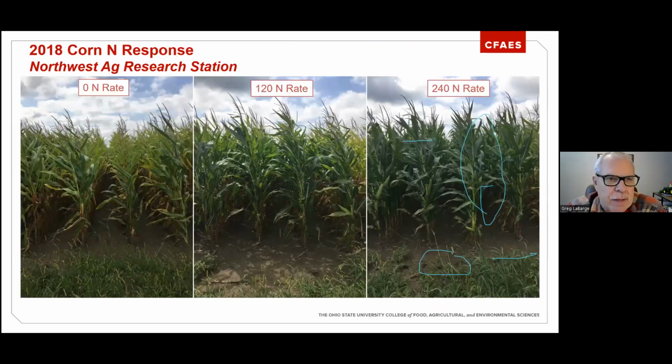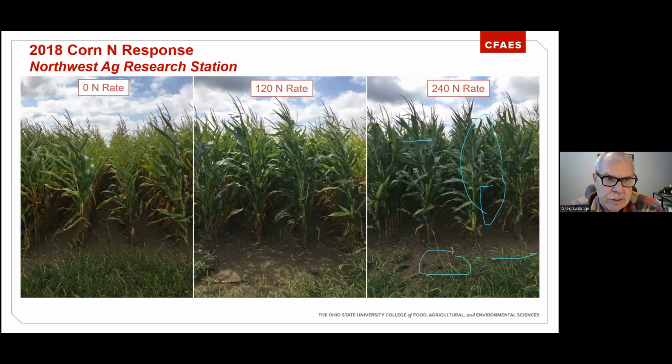When we think about managing nitrogen on corn, we often do it from a very visual standpoint. We will go out in a field and take a look at the canopy color and the lower leaves, how much firing we have. You see here a set of photos from our nitrogen rate trials at our Northwest Ag Station.